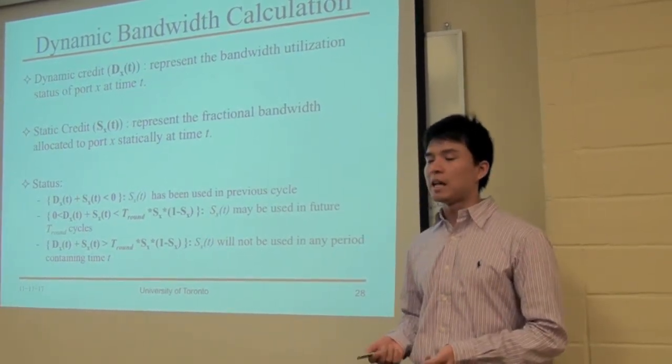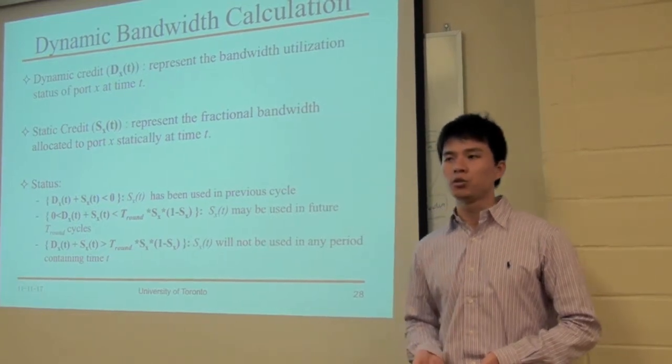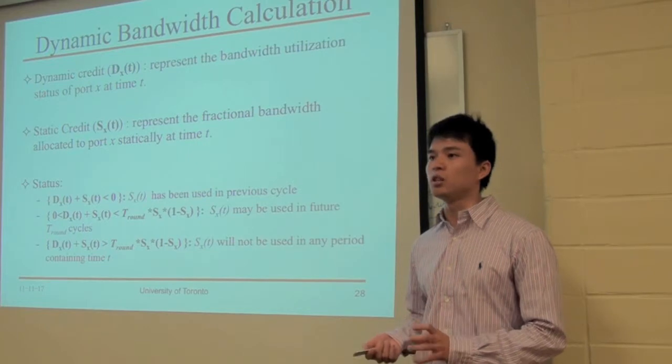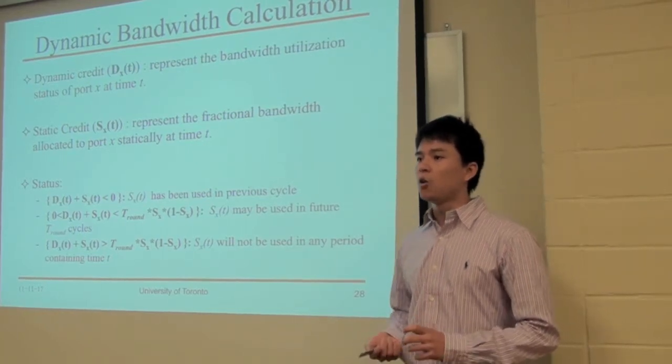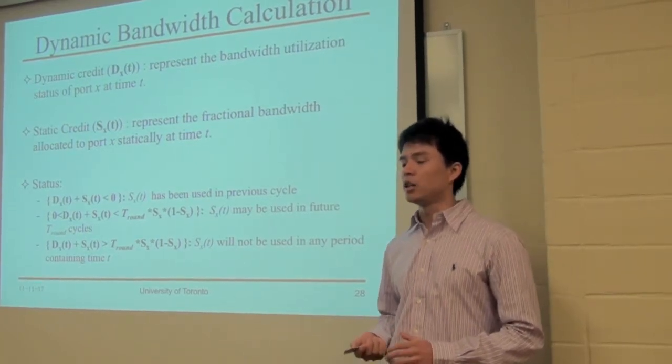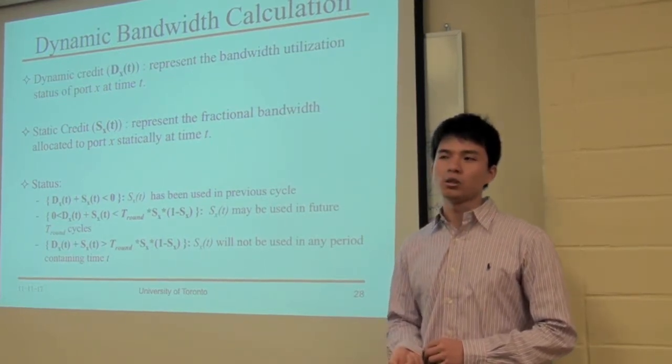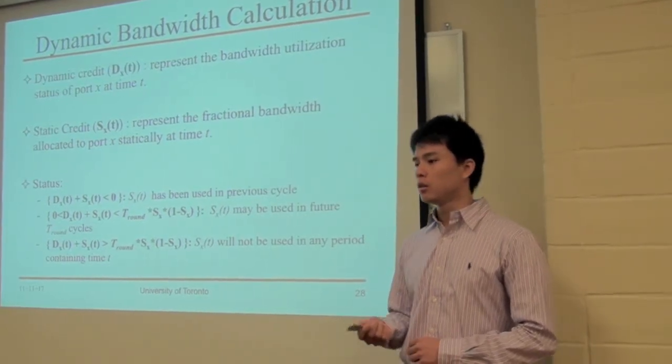If the sum is larger than 0 but smaller than a threshold value, it means this bandwidth could be used in the future T cycles. Otherwise, if the sum is larger than the threshold value, we know that this bandwidth is restive bandwidth, and we can reuse it for something else.